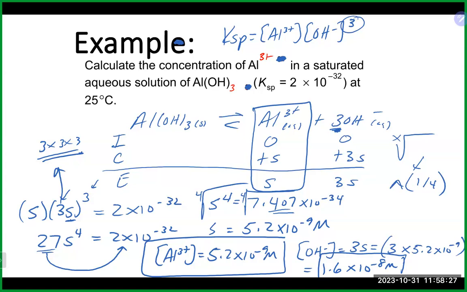It's right at that point where if you keep putting it in there, no more will dissolve. And that's where we tip from a saturated solution to a supersaturated solution. So that concentration is pretty much the concentration of aluminum hydroxide that you could get to dissolve in that solution before you start to see the solids. And that would be the concentration at that point of the aluminum that's floating around in there.